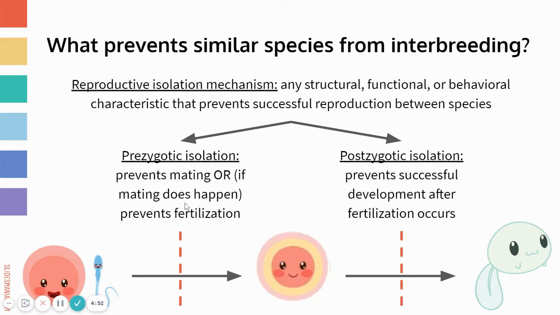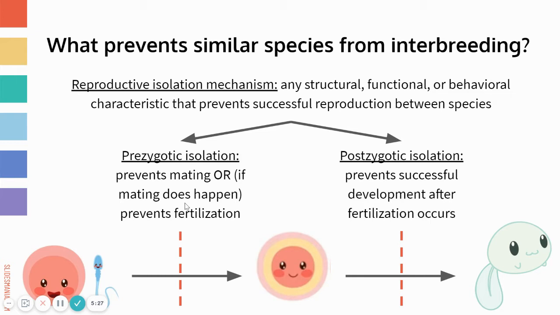The word for these barriers is a reproductive isolation mechanism. A reproductive isolation mechanism is any characteristic that prevents successful reproduction. These characteristics can be physical, having to do with the shape or structure of the organisms. It can be behavioral, something about the way that they interact, or it could be functional, something molecular.